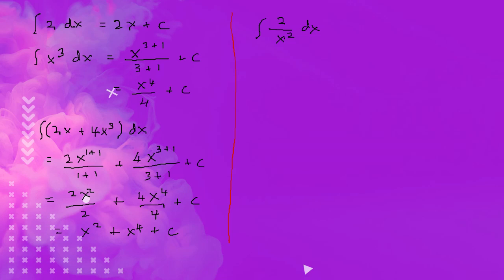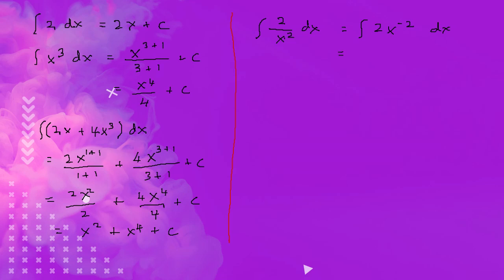Now integrate 2 over x squared dx. So this one we need to adjust this integration to be a polynomial function. We can bring x squared in the denominator to the numerator. So here we can write 2x to the power of negative 2 dx. Then we can integrate as a polynomial function.